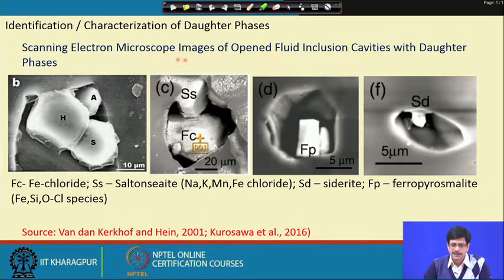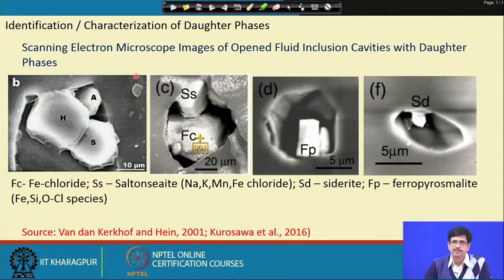So, when samples which contain daughter crystals are polished for preparation of a normal wafer or the doubly polished thin plate in which we study the fluid inclusions, it is also quite probable that the inclusion cavities would have been opened, and the daughter crystals generally remain adhered to the wall of the inclusion cavity.